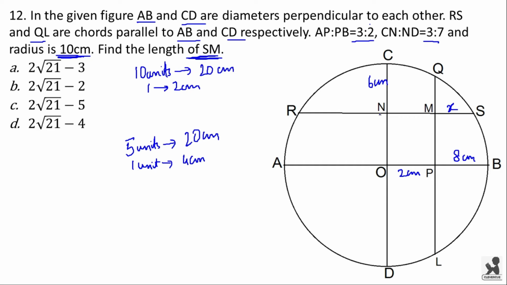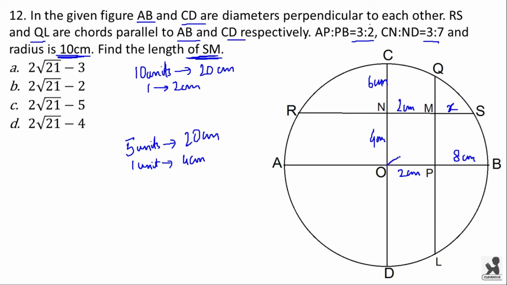Now the length of ON is 10 minus 6 centimeters, because OC is 10 centimeters, which is the radius, so to calculate ON we subtract 6 from 10. So we got ON as 4 centimeters. And here, since all these are perpendicular to each other, we have OPMN as a rectangle. So OP will be equal to MN, which is 2 centimeters.